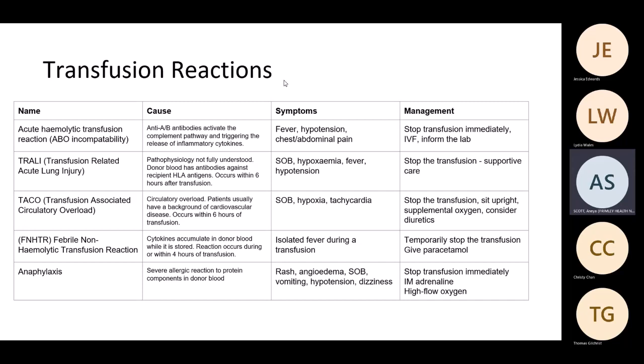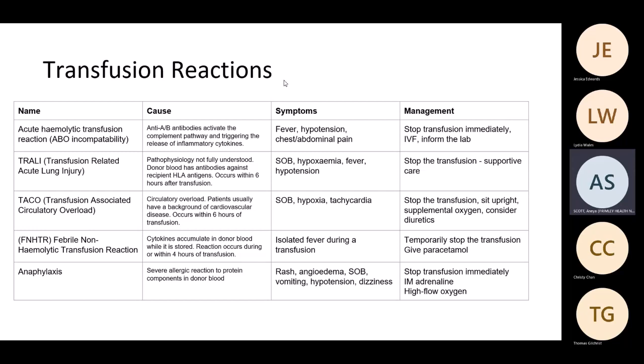In TRALI, you don't have signs of circulatory overload in other places, so they wouldn't have edema in their ankles or sacral edema, whereas in TACO they would, which is another slight clue, but they're tricky to distinguish between. In TACO you can consider giving diuretics. You do the basic things: give them oxygen if they need it, sit them upright because that will help with their breathing, and consider diuretics if needed.